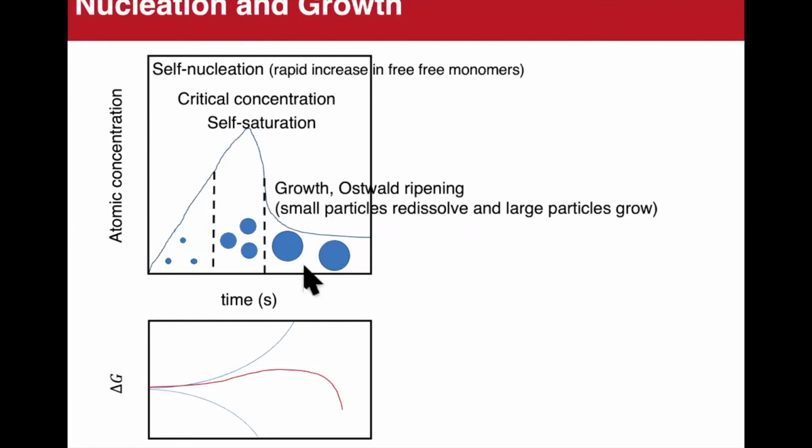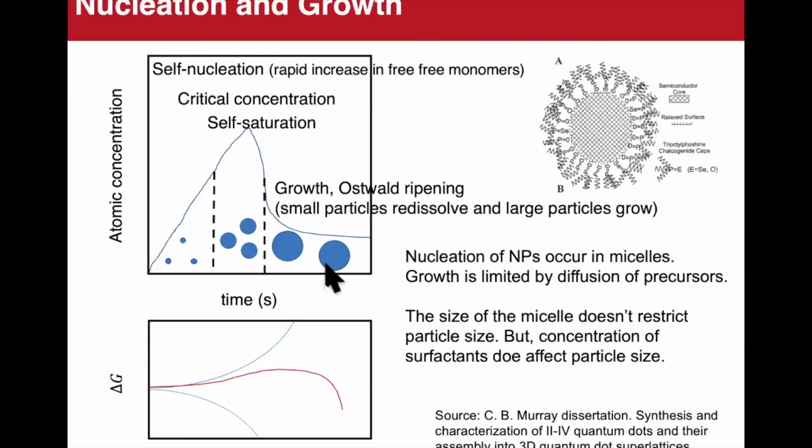And then after that, there will be Ostwald ripening, in which the smaller particles are redissolved into the solution and taken up by the large particles. And what we end up with are nanoparticles that schematically look like this. Here you have the capping agent or ligands. This lattice right here represents the crystalline nanoparticle itself.